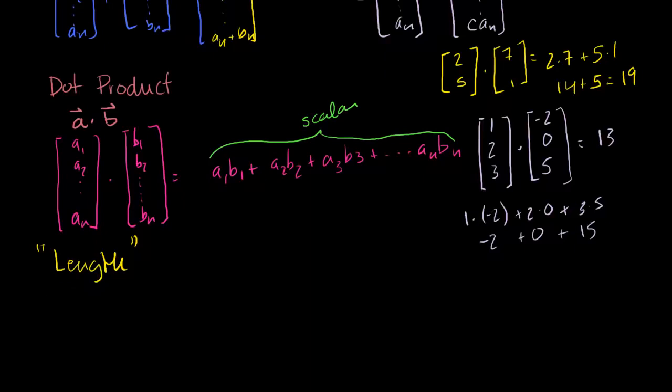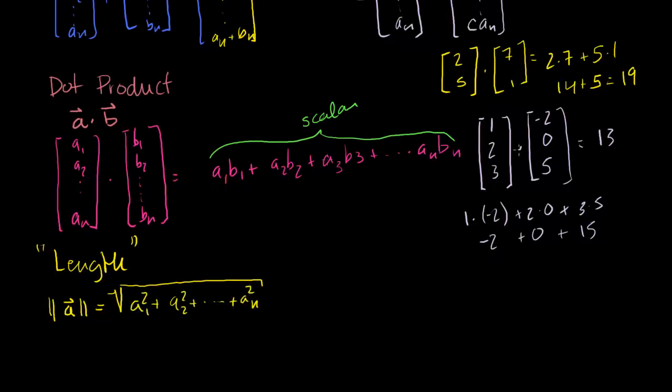So my definition: if I take the length of A, and the notation we use is just these double lines around the vector, the length of my vector A is equal to, and this is a definition, the square root of each of my components squared, added up: A1 squared plus A2 squared plus all the way to plus AN squared.